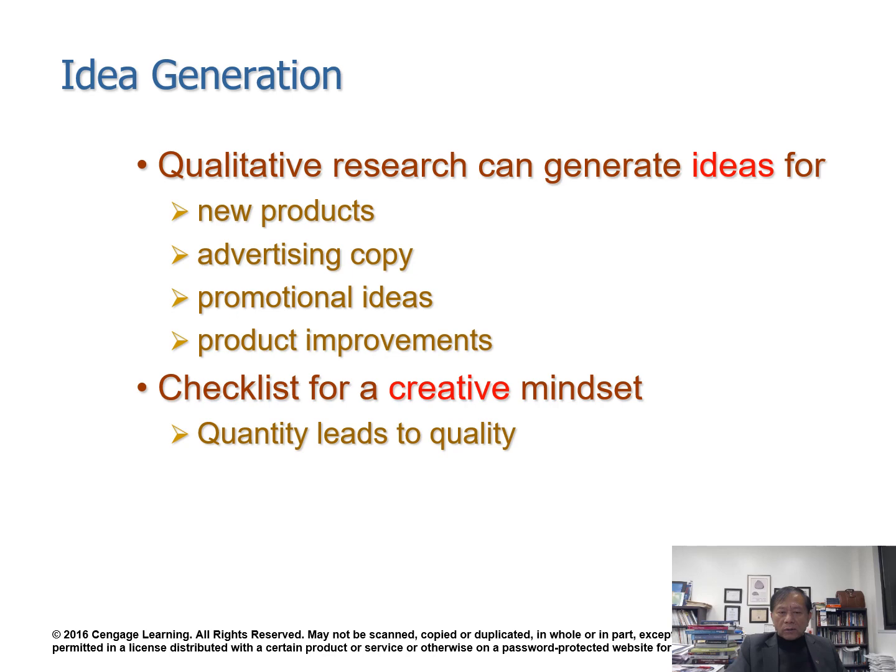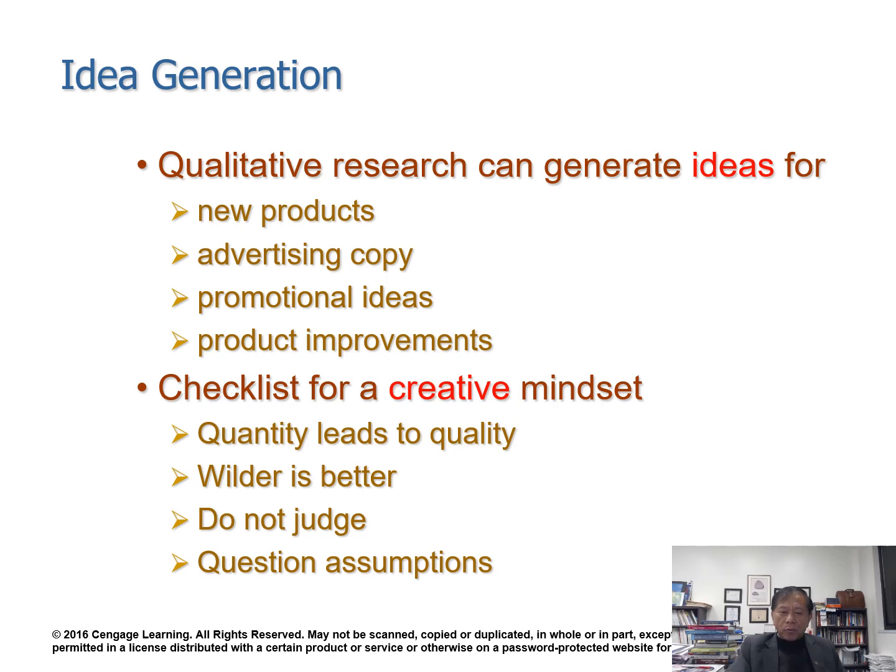Sometimes quantity leads to quality. Wilder is better. Think wildly. Think outside of the box. Do not easily judge. Just keep an open mind. Question assumptions. If you question the assumptions constantly, you can come up with newer, better creative ideas.